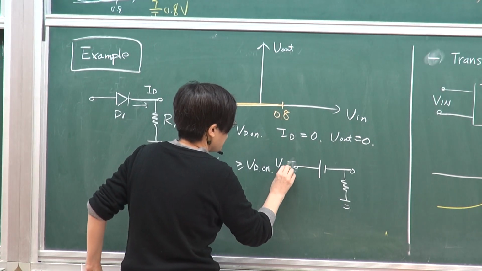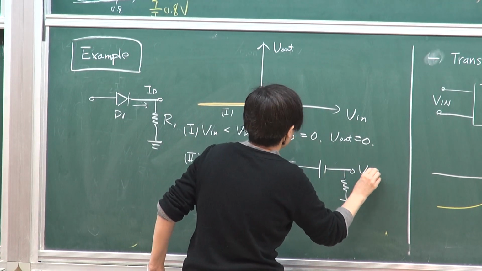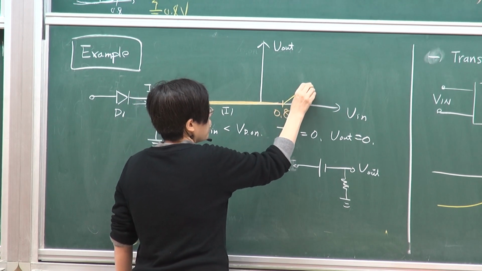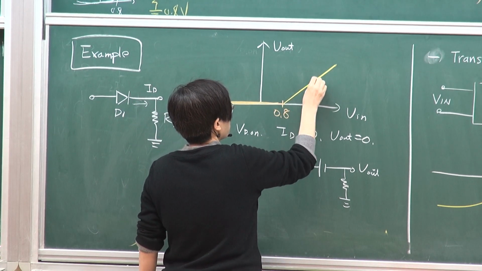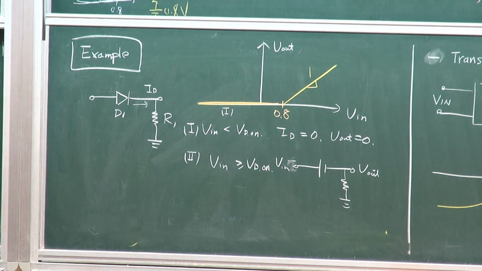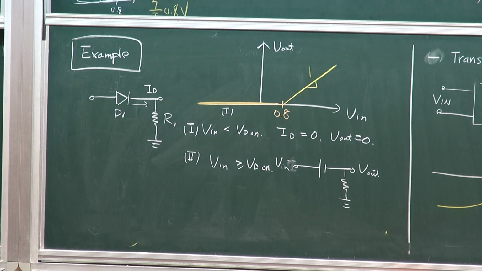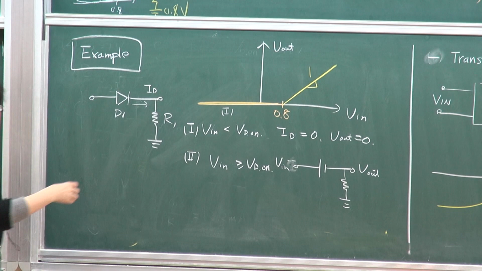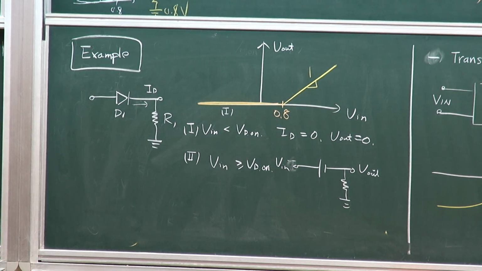So this will be Vin. So then you can get a follower. Okay? So if you have this transfer function, what does it imply if I give you a sine wave? That will make more sense when we look at the sine wave response of this rectifying circuit.